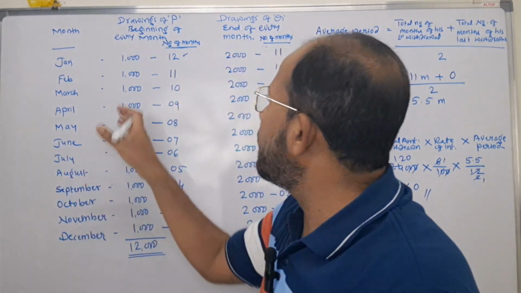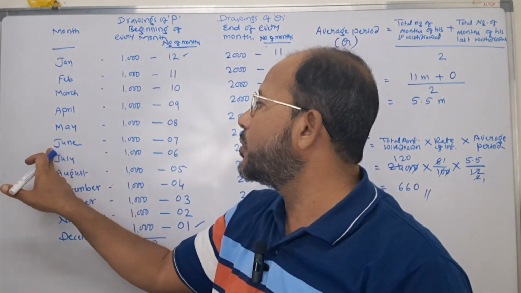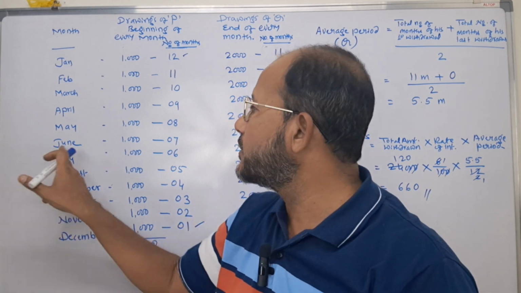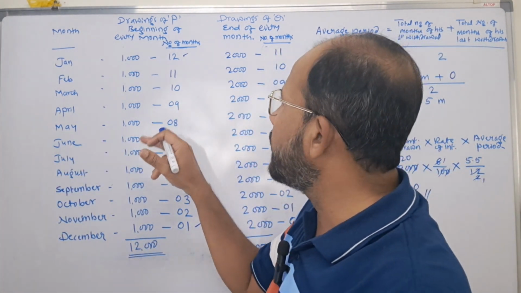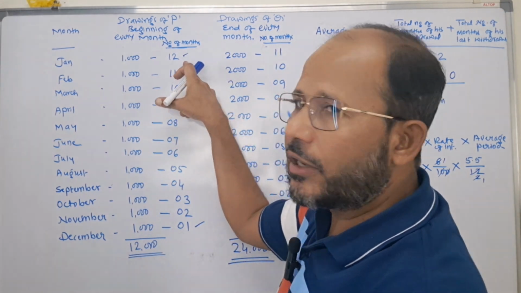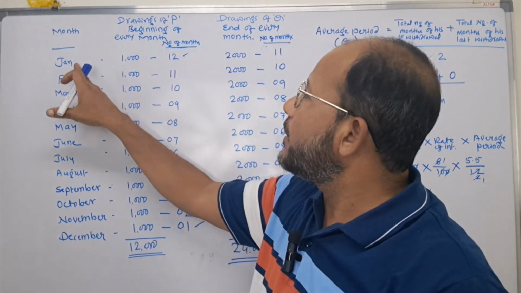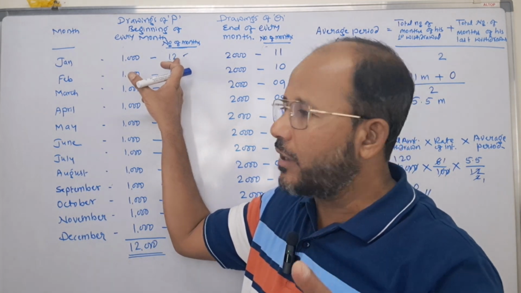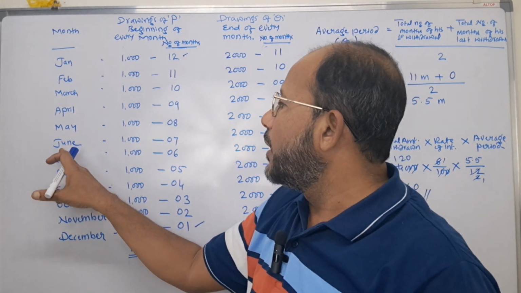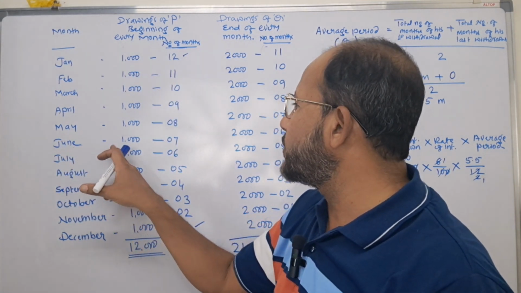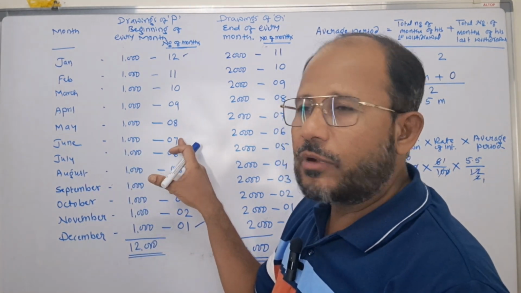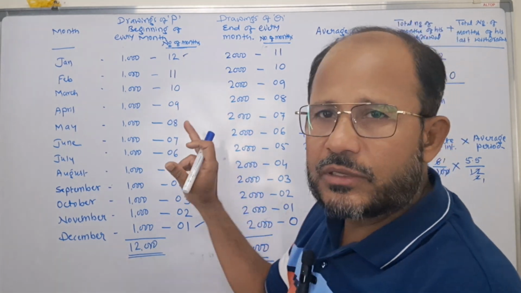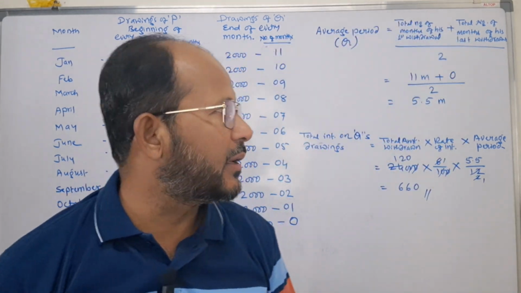In case, if Mr. P has withdrawn the amount only for 6 months, in that case, when you apply this formula for the calculation of average period, first you have to take 12, because in the month of January, interest is to be calculated for 12 months. Assume he has withdrawn only during the first 6 months, then the last withdrawal comes to 7 months. That is why 12 plus 7, average period is to be calculated.